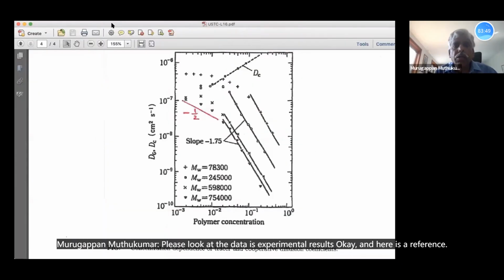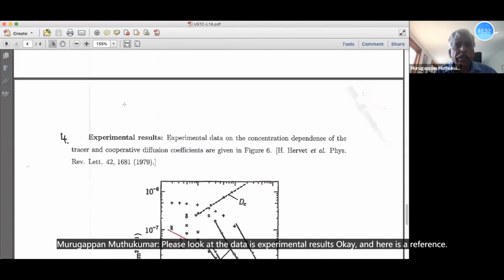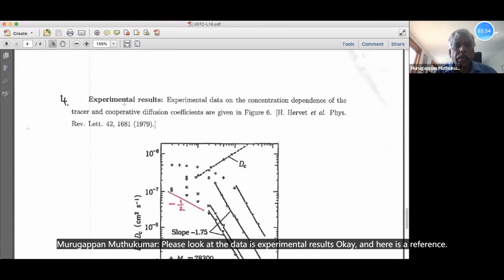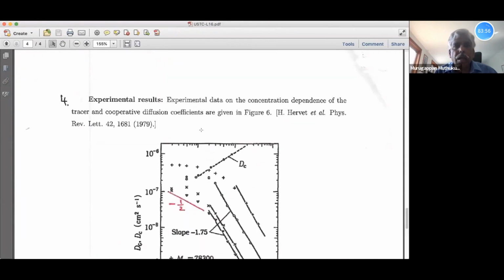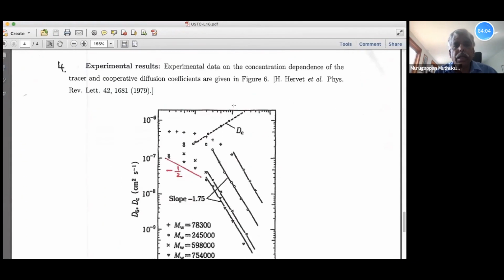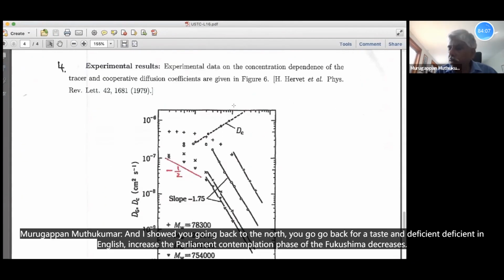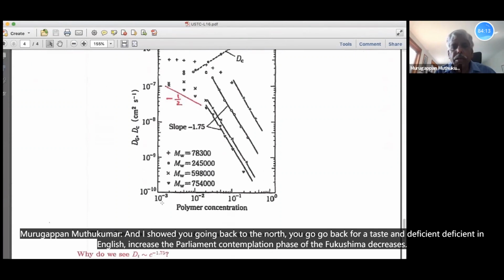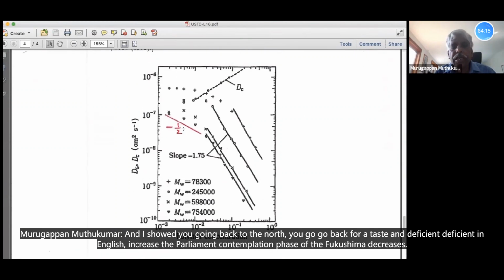Please look at the data. This is experimental results, and here is a reference. This is how tracer and cooperative diffusion coefficients depend on polymer concentration. And going back to the note, for a tracer diffusion coefficient, when you increase the polymer concentration, tracer diffusion coefficient decreases.